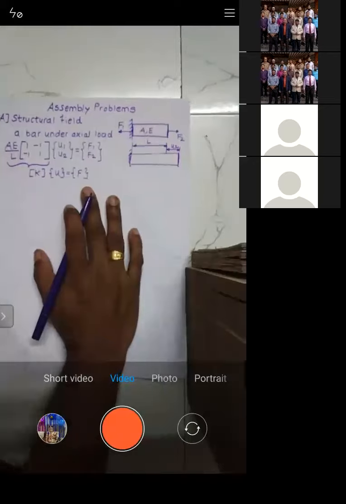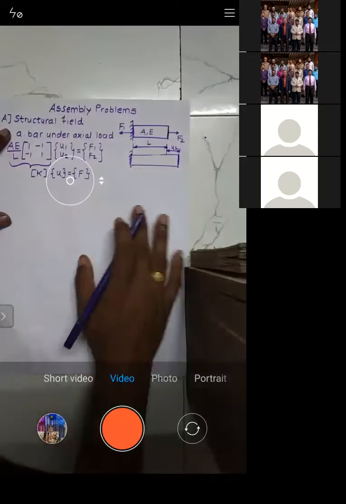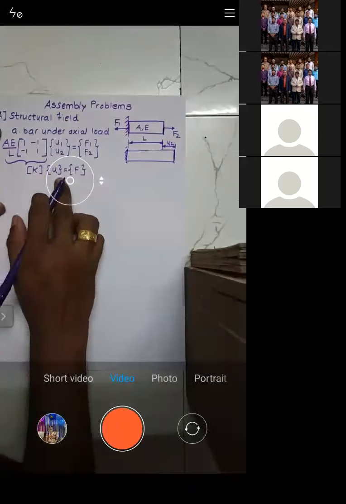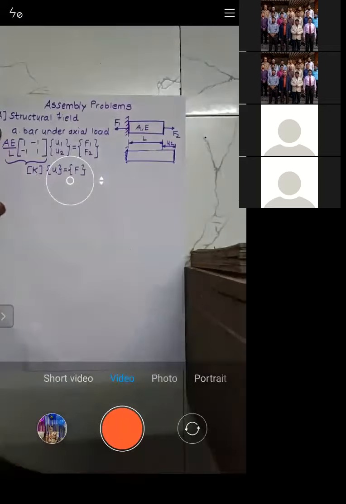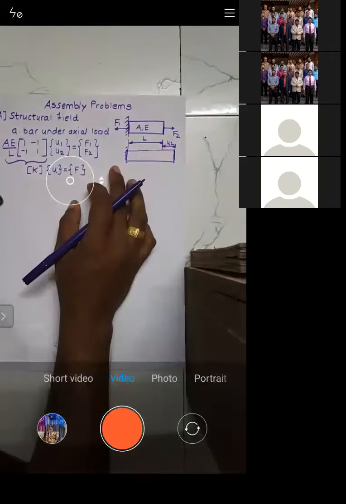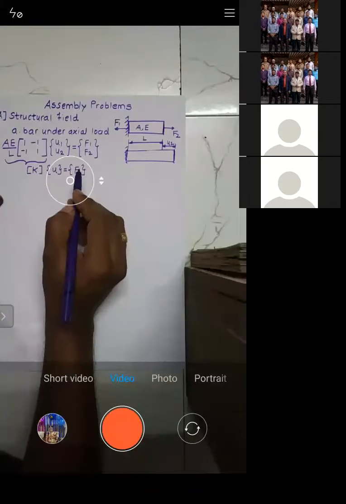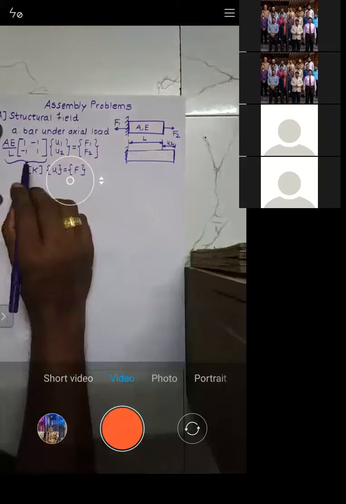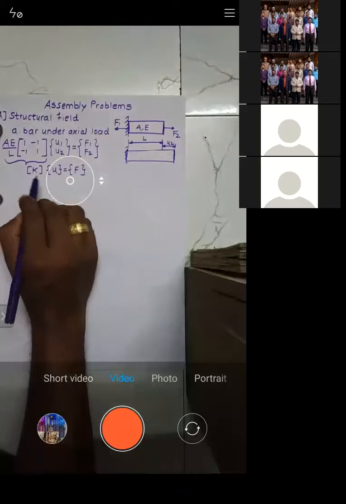You use this equation, F is equal to K into X. Might be in mechanics you have used. Force is equal to stiffness into displacement. Have you used that? Yes, sir. In the same manner, I am writing force is equal to stiffness into displacement. Instead of stiffness, I am calling it the stiffness matrix.